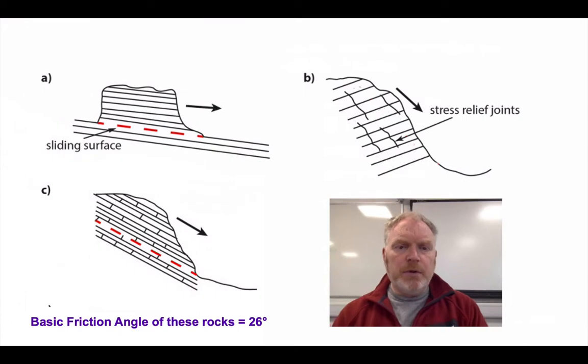Let's look at some examples to illustrate this idea of discontinuities and the basic friction angle. If we look at example A, clearly is a block that has the potential to slide down the slope. Now, the reason for that is we have clear discontinuities within the rock.